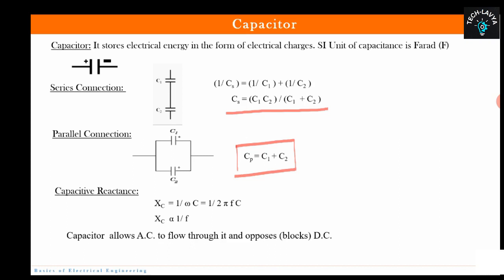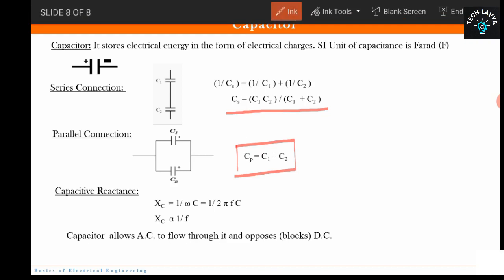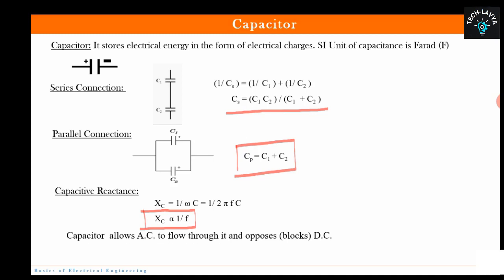So I can conclude that capacitive reactance is inversely proportional to frequency. Now, what does that mean? It means that if frequency is more, the capacitive reactance will be less, and if the frequency is less, capacitive reactance will be more. Now, what is the frequency of DC?